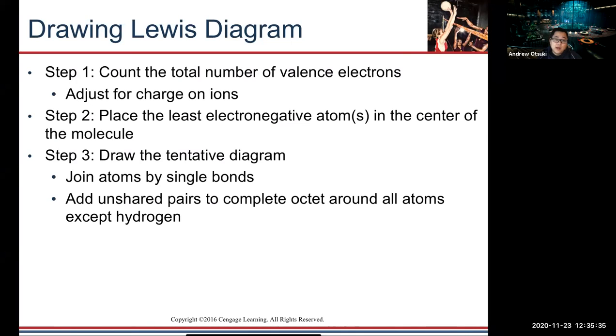Once we draw a skeletal blueprint of where the atoms go, we connect the atoms with bonds, then fill the rest of the valence electrons with lone pairs and make sure that each atom in the structure has an octet around it, because remember, the octet is the most stable configuration for atoms in compounds.